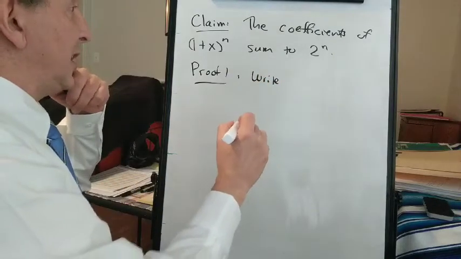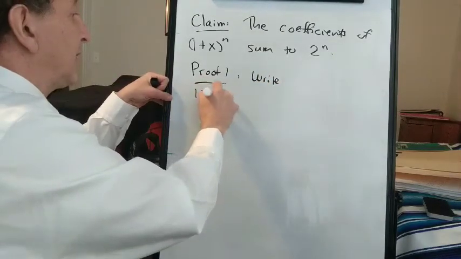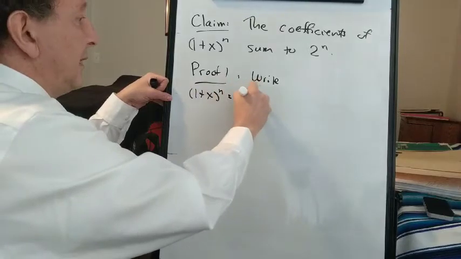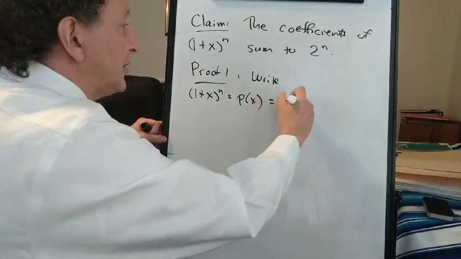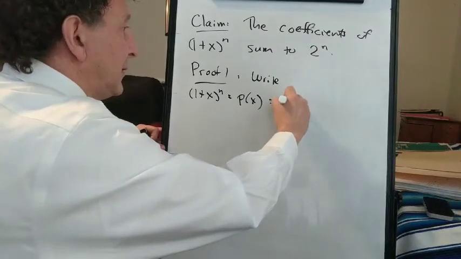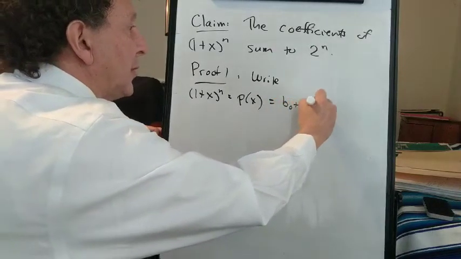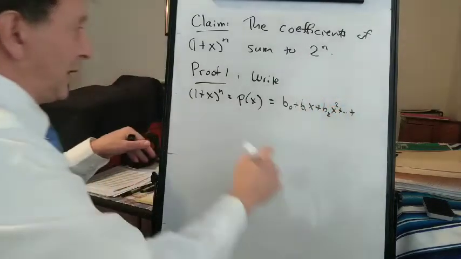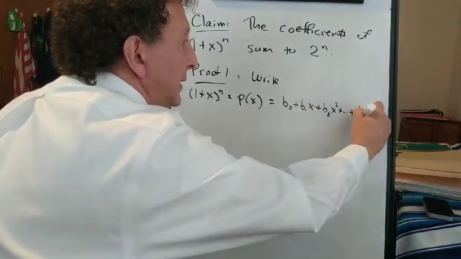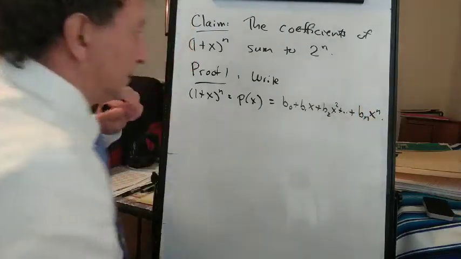First, let's write 1 plus x to the n as some polynomial in x when we multiply it out. Let's write the coefficients as b0 plus b1x plus b2x squared, etc., up to the highest power, which is x to the n, bnx to the n.